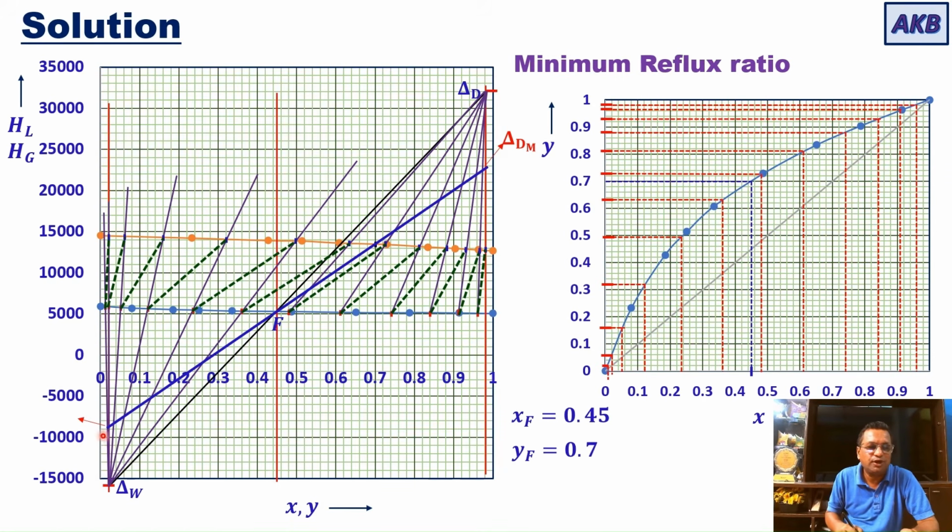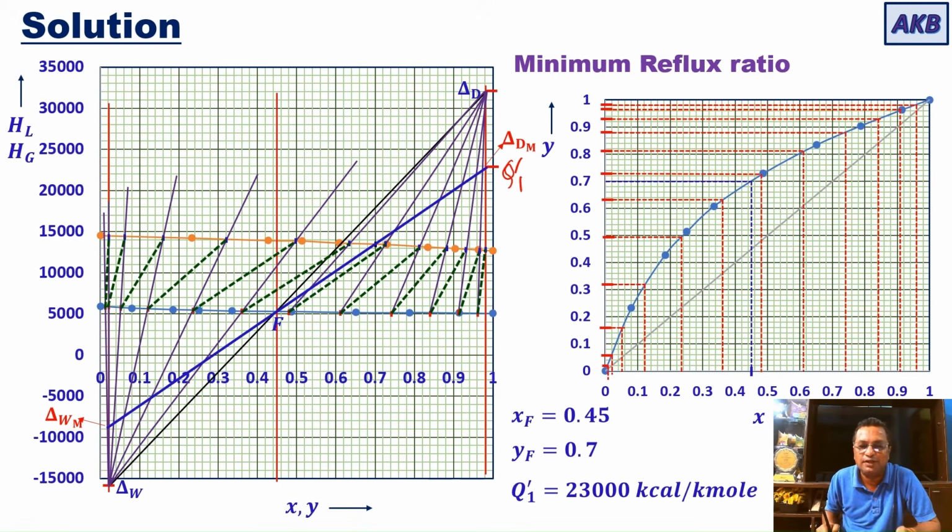and this point will be delta WM, that is the difference point for the case of minimum reflux ratio. Then Q1 dash will be the y coordinate, and the value of Q1 dash, if you read, comes out to be 23,000 kilocalorie per kilomole.